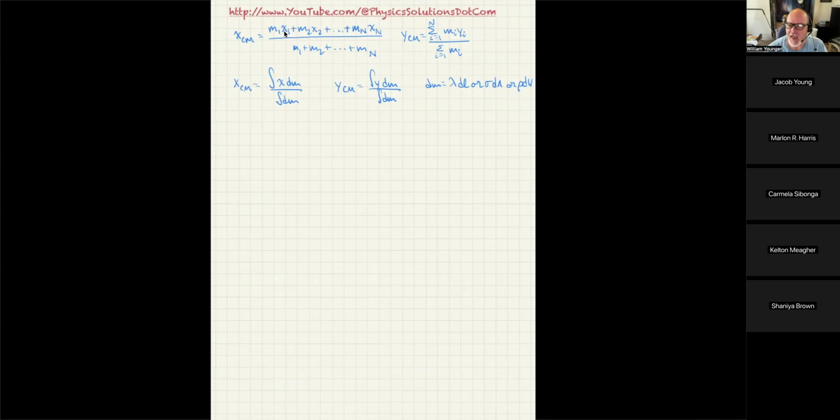But once you've done that, then if you want to find the center of mass of an object that's made up of n particles, you have to take m1 and multiply that by its x1 coordinate, and then m2 and multiply it by its coordinate x2, and keep on doing that up until you get to mn, and you multiply it by its x coordinate xn.